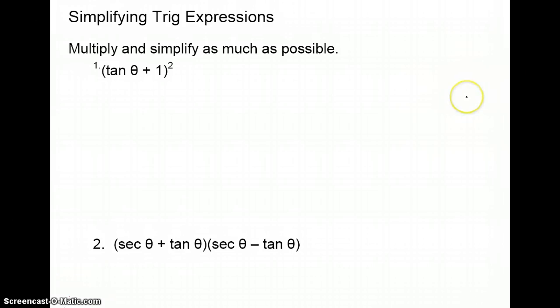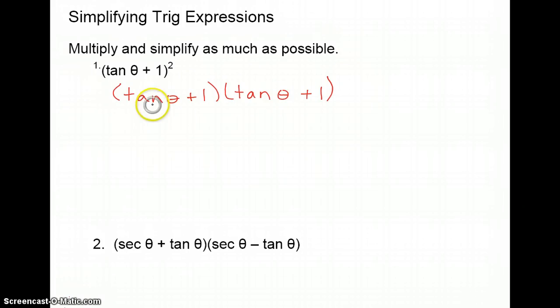So if you look at the first example, tangent of theta plus 1 squared. Of course, we know that means I have to write the tangent of theta plus 1 times the tangent of theta plus 1 again. That's what squared means. I'm going to multiply it times itself.